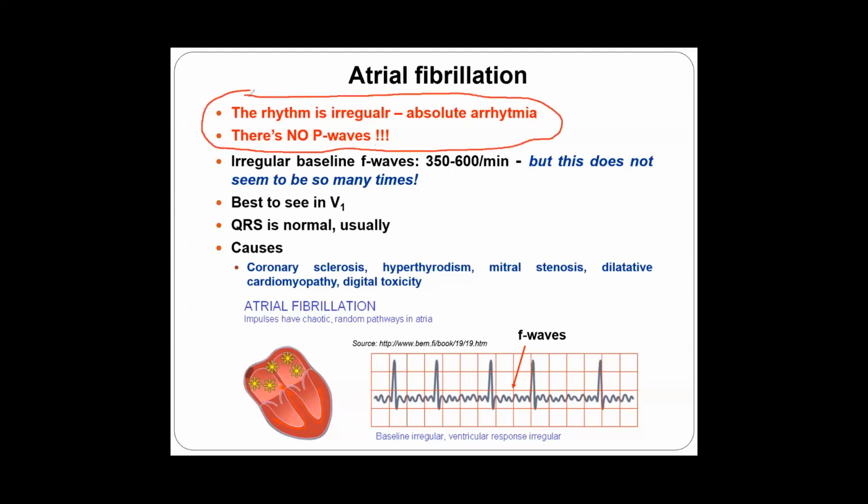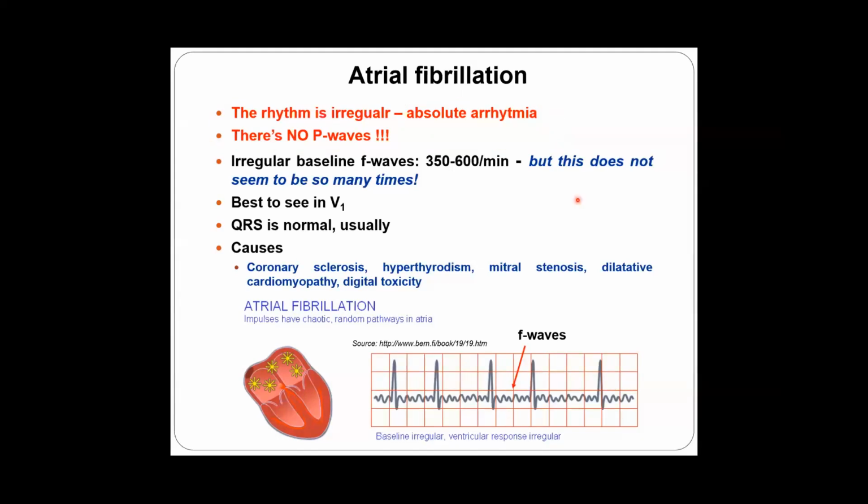So far, we had arrhythmia absoluta with sinus P waves, called sick sinus syndrome. We have arrhythmia absoluta with different P waves, called multifocal atrial tachycardia. And we have arrhythmia absoluta without P waves, which is called atrial fibrillation.